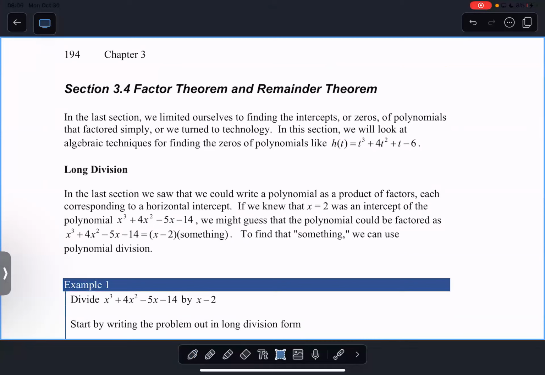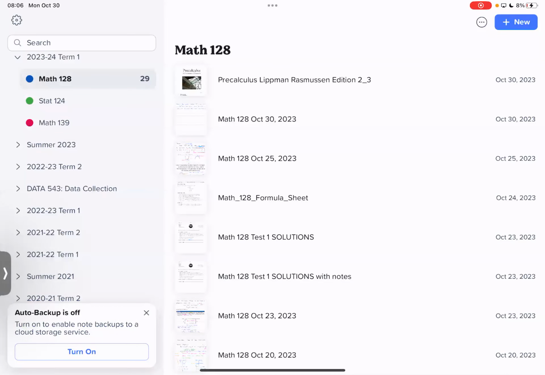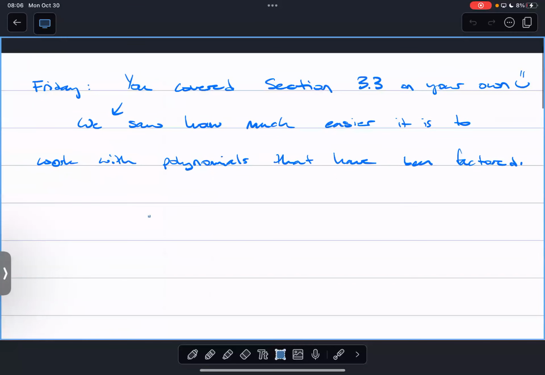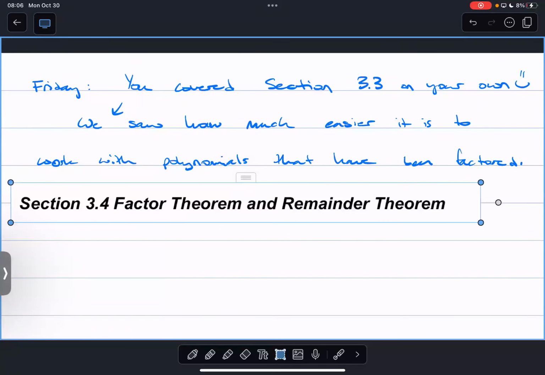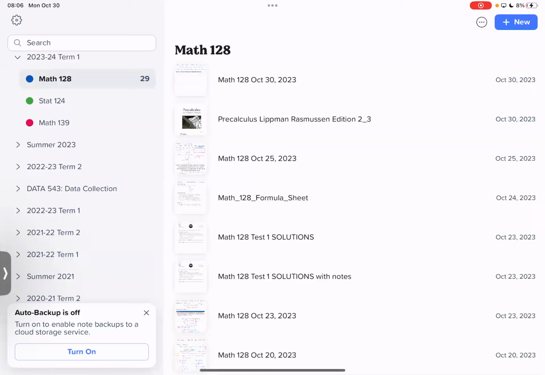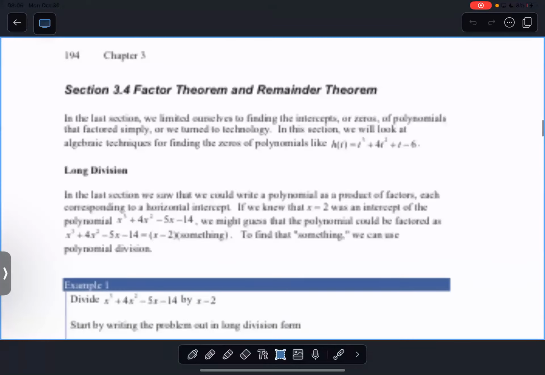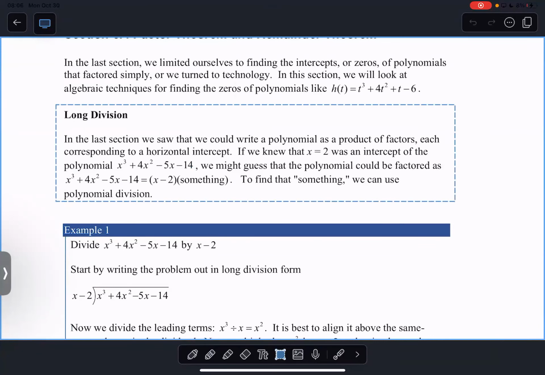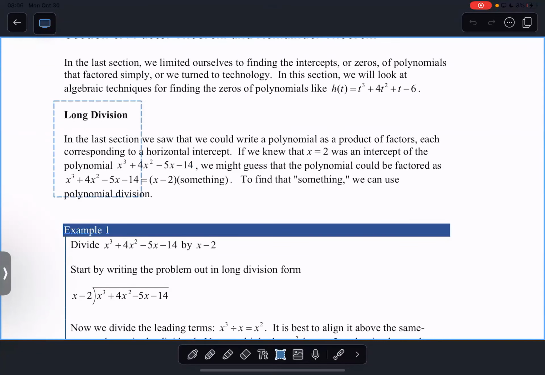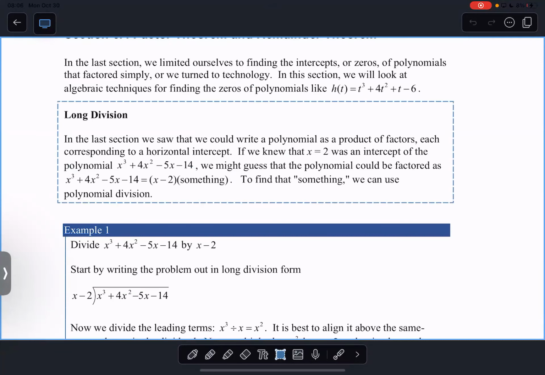So let's see here. What we're leading into is called the factor and remainder theorem, which are going to be pretty obvious once you see them. Just you won't believe what happens next. Number 13 blew my mind. Hey, why isn't it letting me copy it?